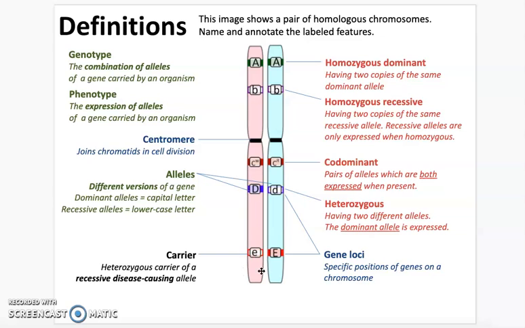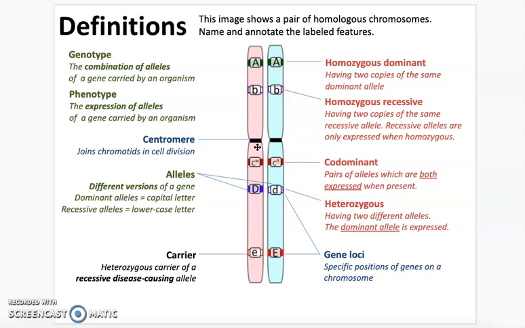That's the disease-causing allele. They're not actually expressing that allele, but they are carrying it. That's why they're called carriers. Their phenotype does not show that they have that disease, but in fact, they are carrying the disease.